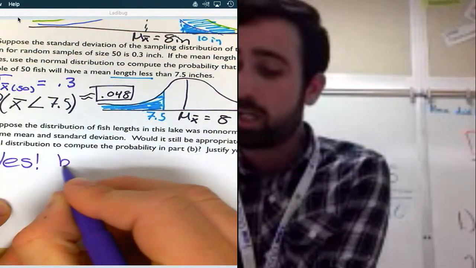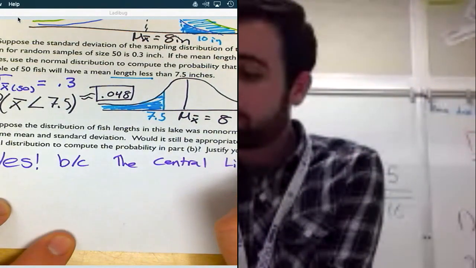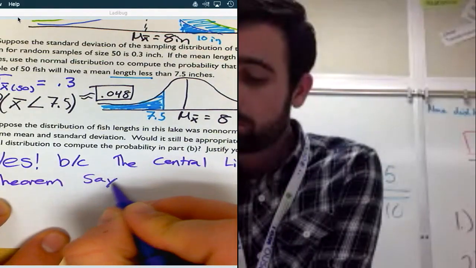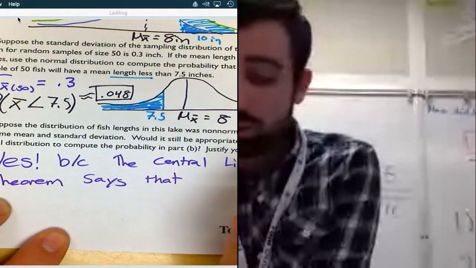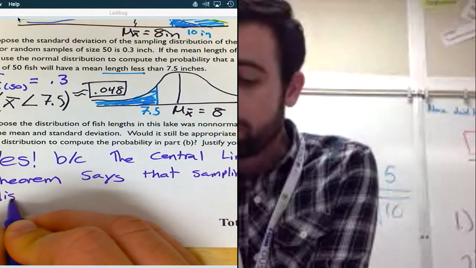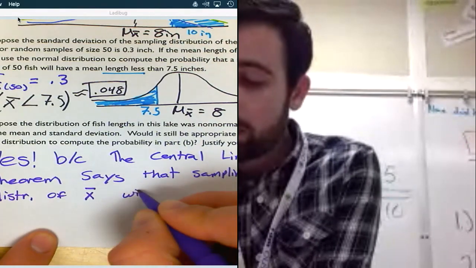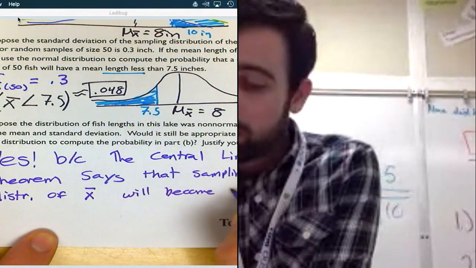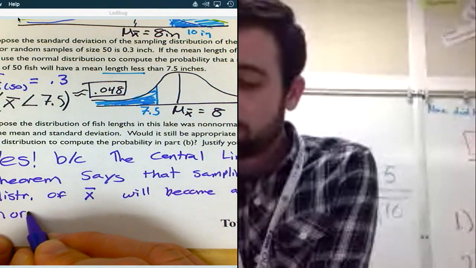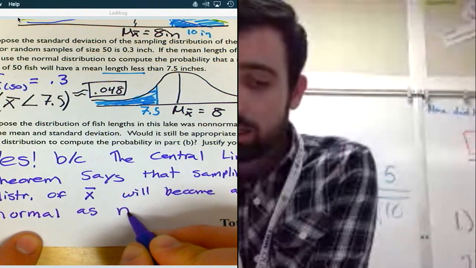Why? Because the central limit theorem says that sampling distributions, I'm just going to put distributions of X bars, will become approximately normal as n increases.